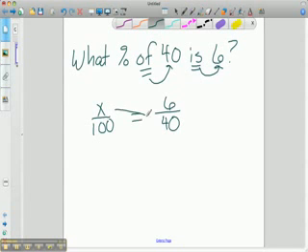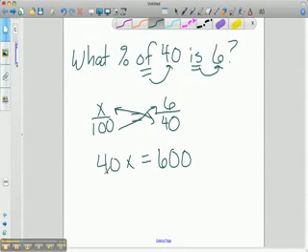So now to solve a proportion, you have to cross multiply. So 40 times x is equal to 40x, and 100 times 6 is equal to 600.